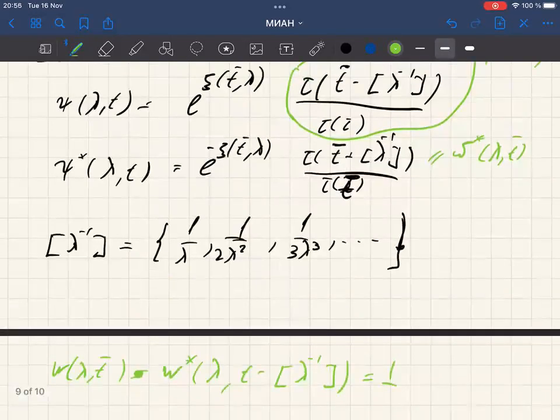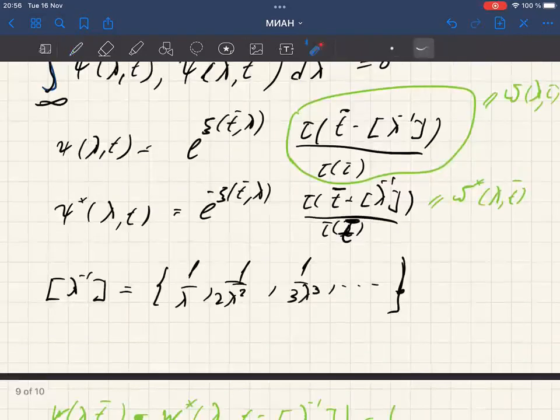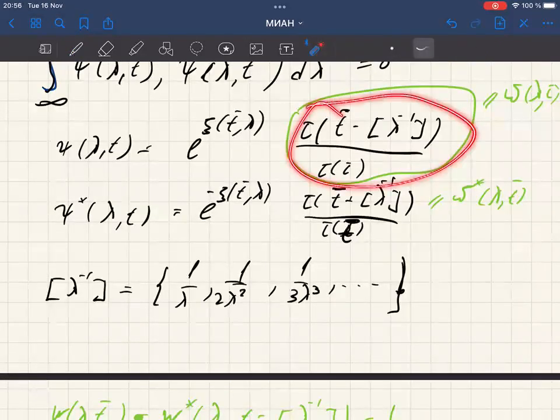As we could see from this definition, it is clear that it should be so, because after the shifting, this became just the inverse of this equation. If we shift lambda this way, this equation here will be just t, here will be t plus this shift, and these expressions will be inverse of each other.